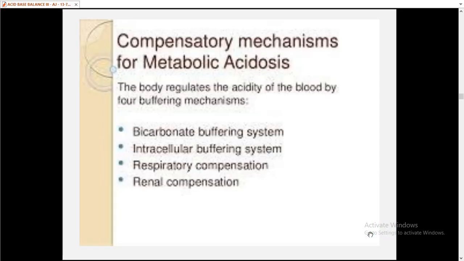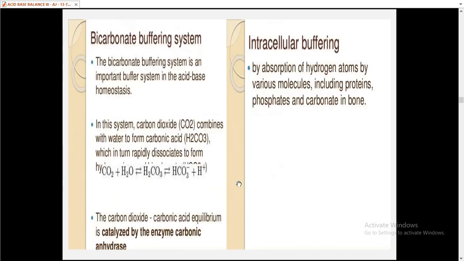So, the compensatory mechanism for metabolic acidosis can be regulated by these buffering mechanisms. First is the bicarbonate buffering mechanism, then intracellular buffering system, respiratory compensation, and renal compensation.